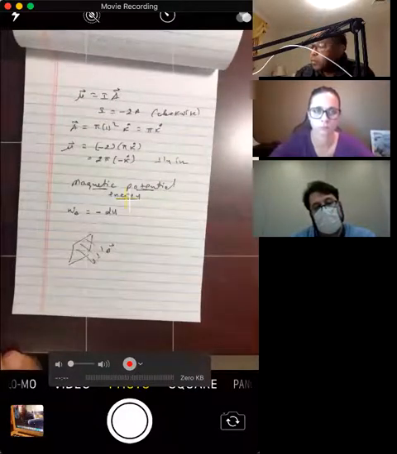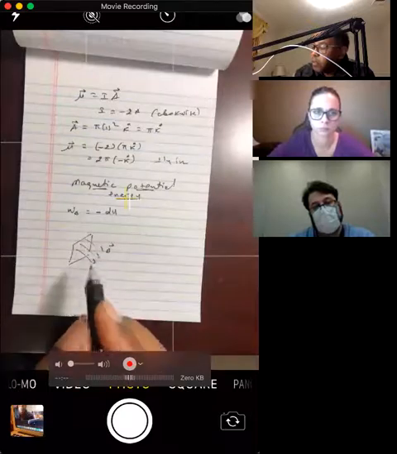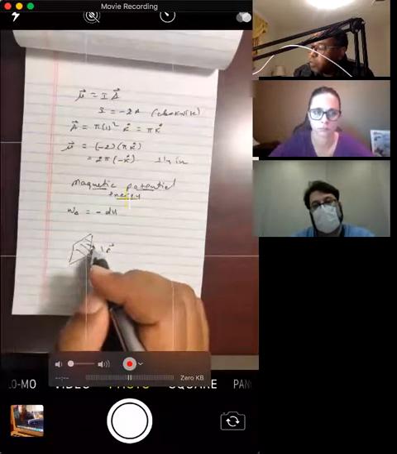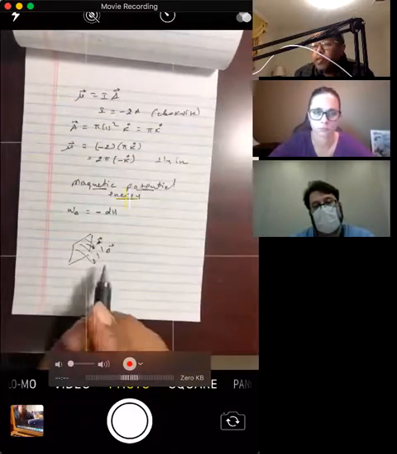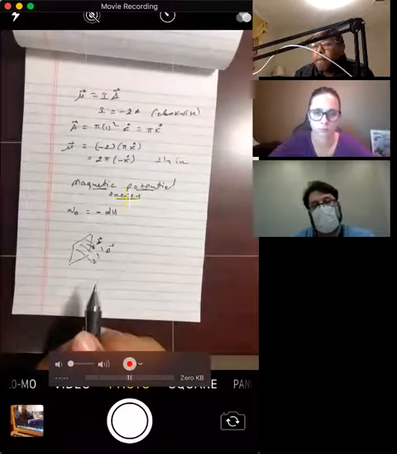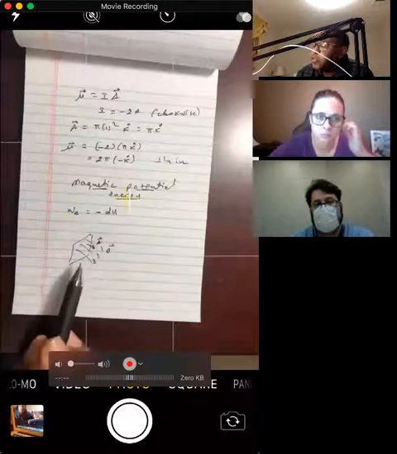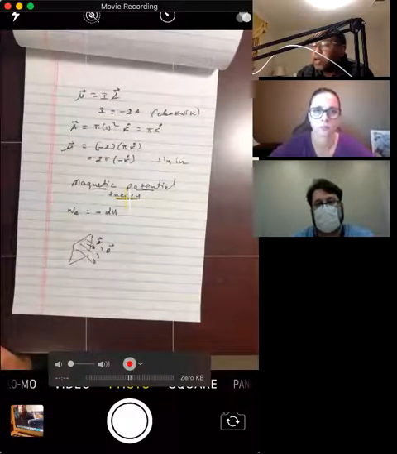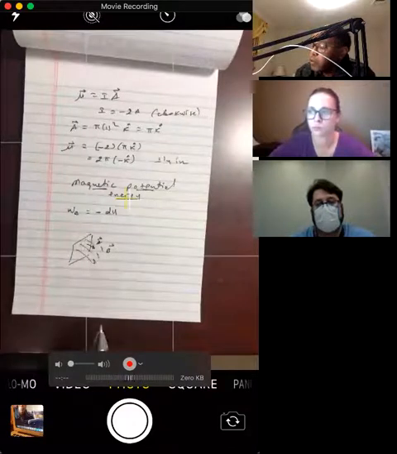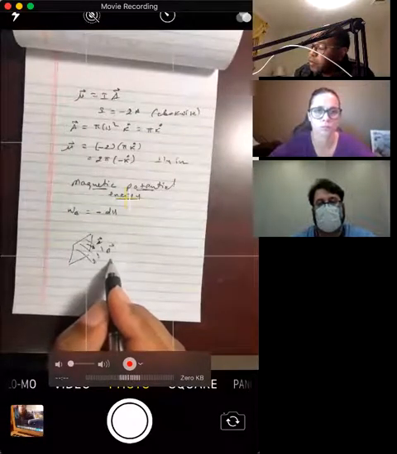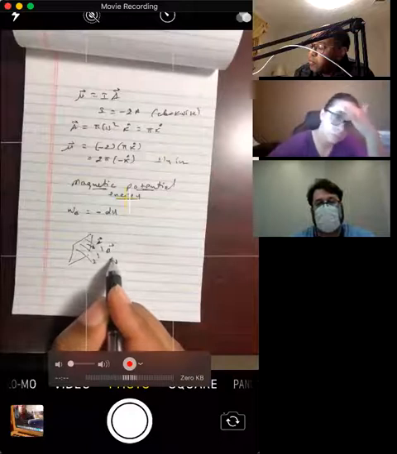So if A and B are parallel, what's the torque? Zero. If two vectors are parallel, the angle is 0 and sine of 0 is 0. So understand this loop is not experiencing any torque, okay? So we have the area going this way, we have the field going this way.